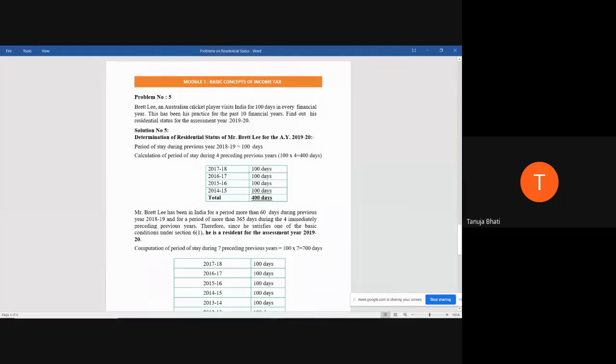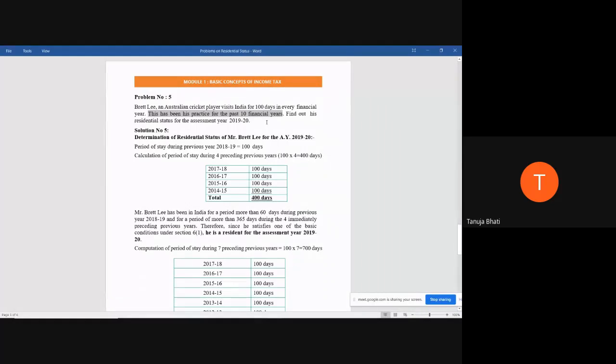Brett Lee, an Australian cricket player, visits India for 100 days in every financial year. So what does this mean? Every year he is visiting India, but only for 100 days. This has been a practice for the last 10 financial years.